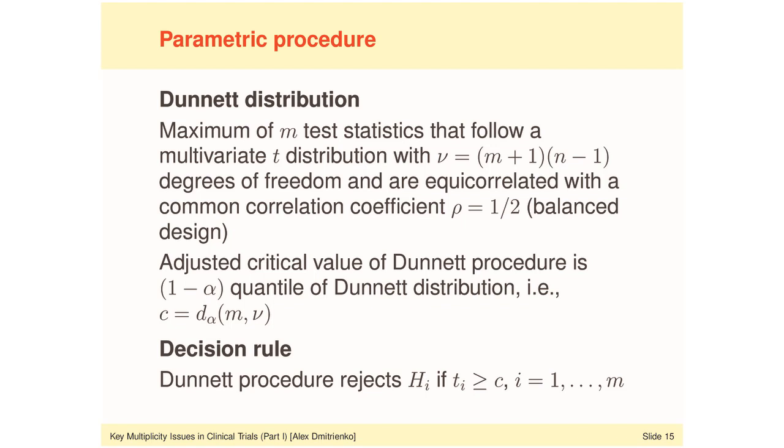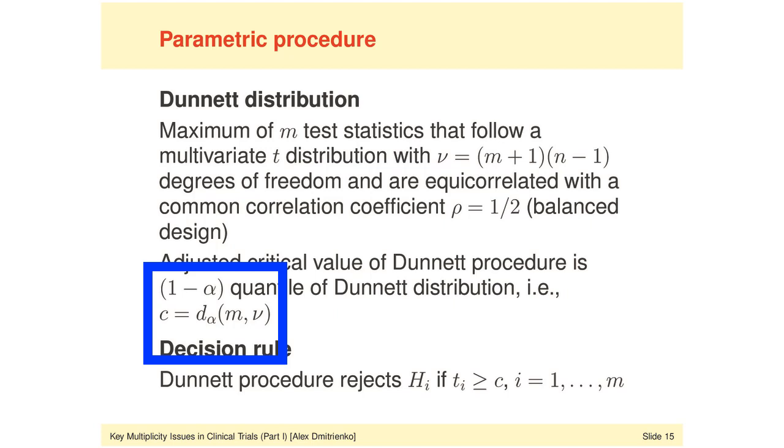The maximum of those test statistics would then follow a multivariate t-distribution. It's also important to add that they are equally correlated with a common correlation coefficient, rho, which is equal to 0.5, or 1/2, in this case, because we're dealing with a balanced design.